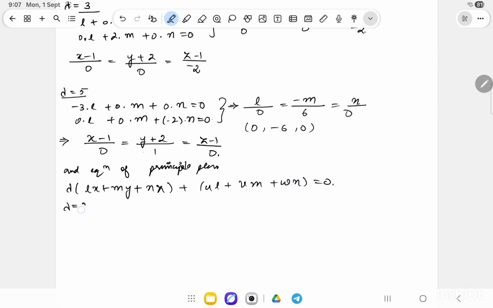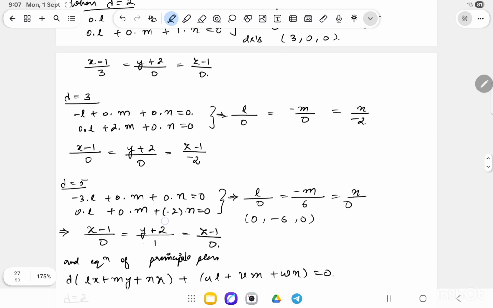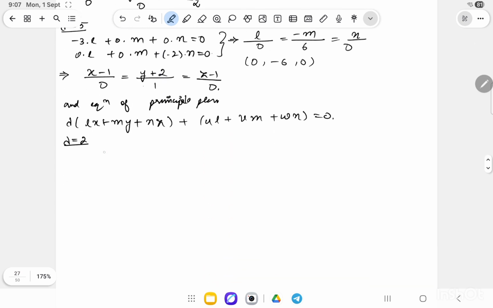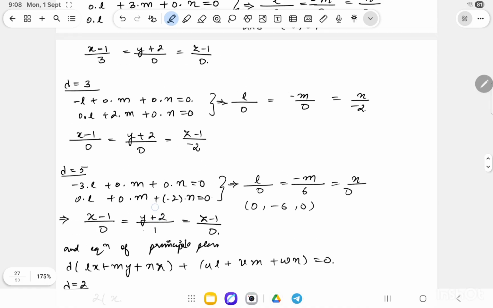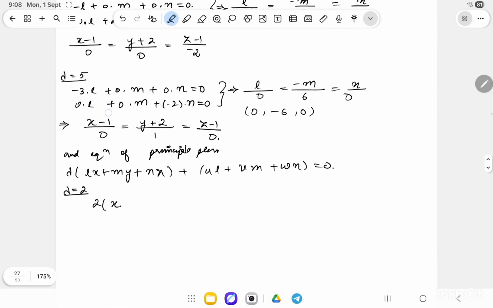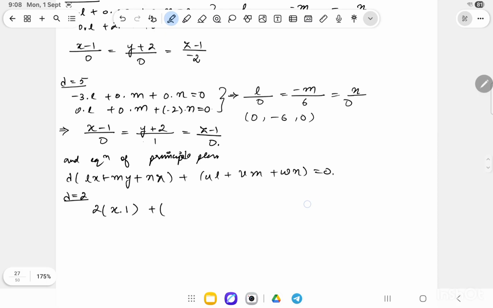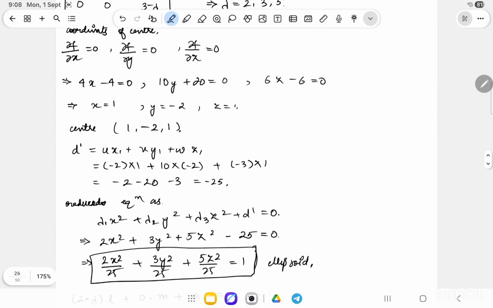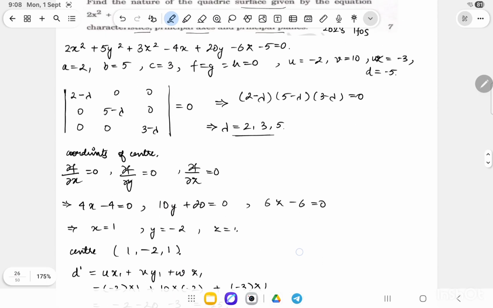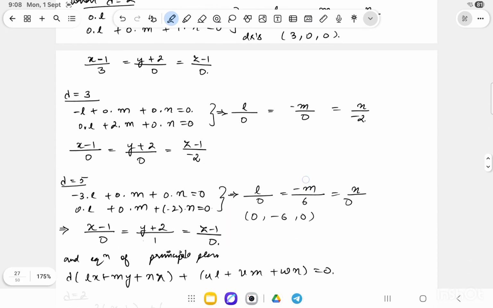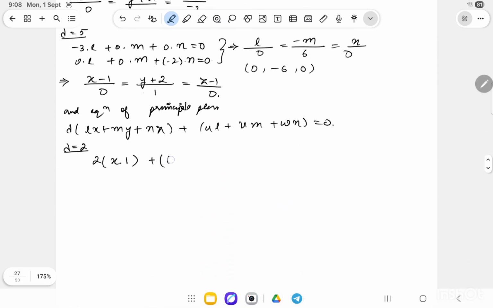So when my lambda is 2, my m and n are 0, so 2 into x into L, that I can write as 1, plus m and n are 0, and my u is basically minus 2 into 1. So if I solve it, I'll be getting my plane as x minus 1 equals to 0.